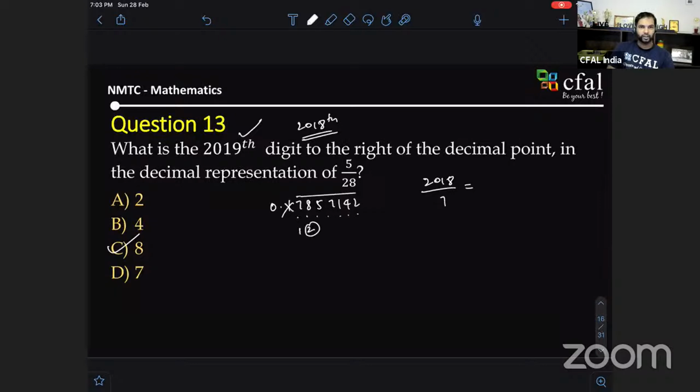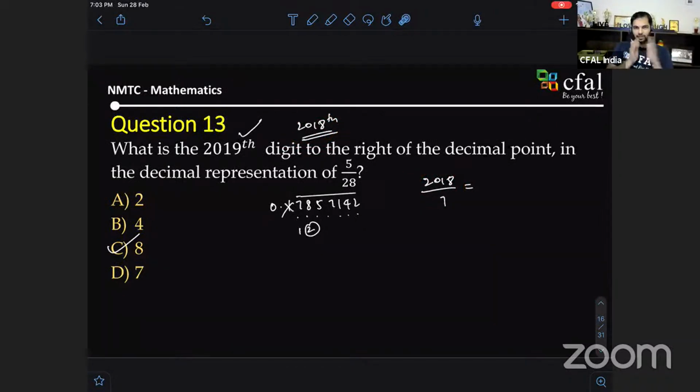But sir, how did you get it again? I couldn't hear you. Okay. These numbers recur, right? A set of 7 numbers recurs. So the next number will be 7, then 8, correct? If I divide 2018 by 7, the remainder I get will be the extra numbers.